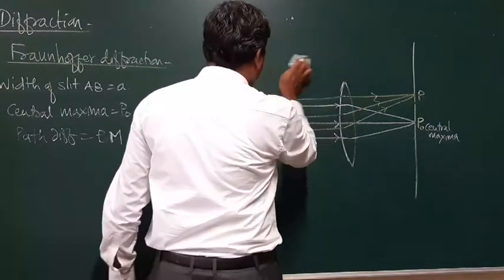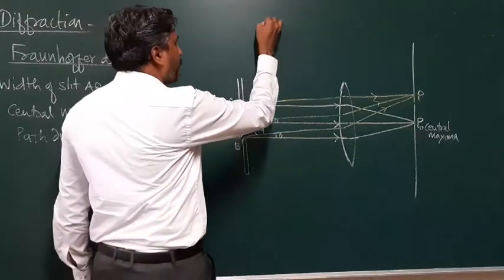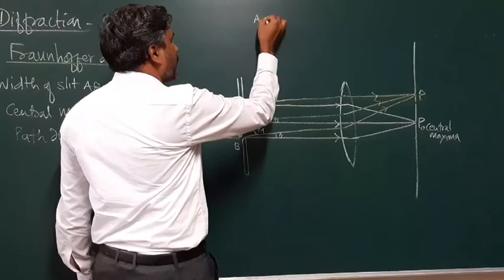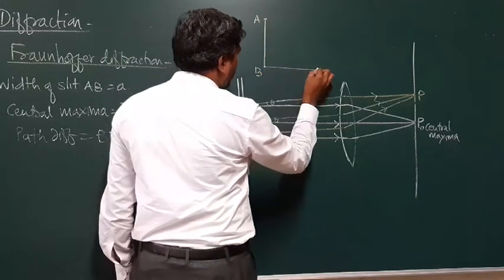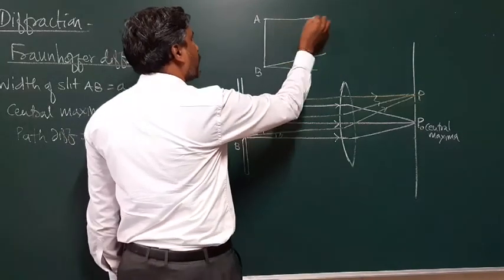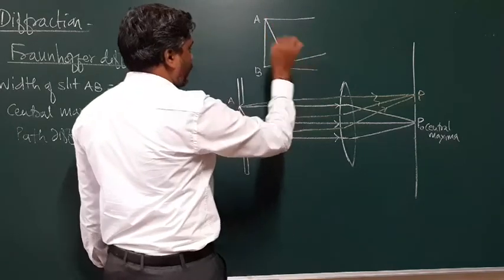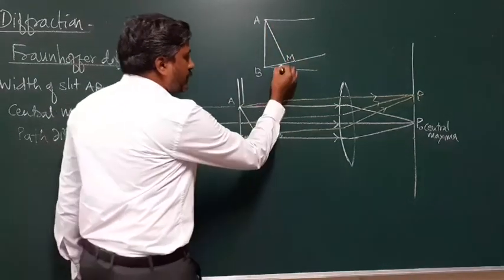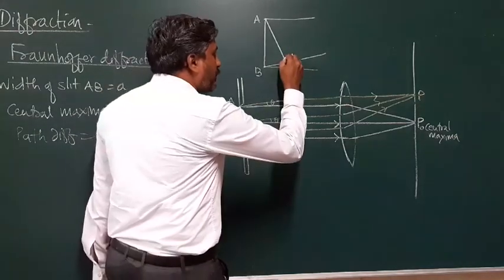So I am erasing this part and drawing the same diagram here. This is A. This angle is theta. This is perpendicular.